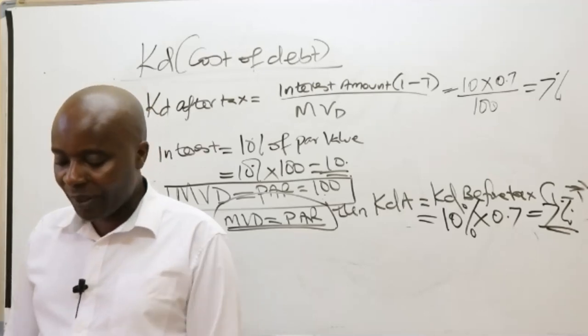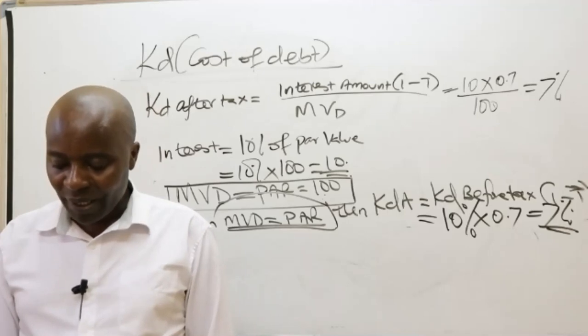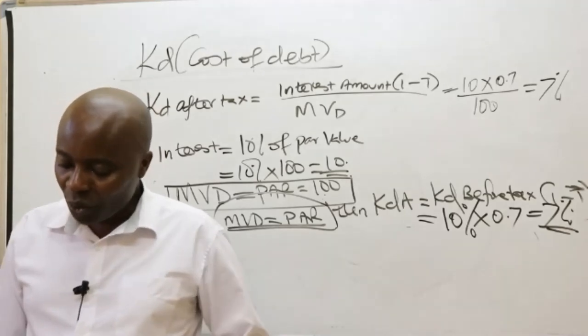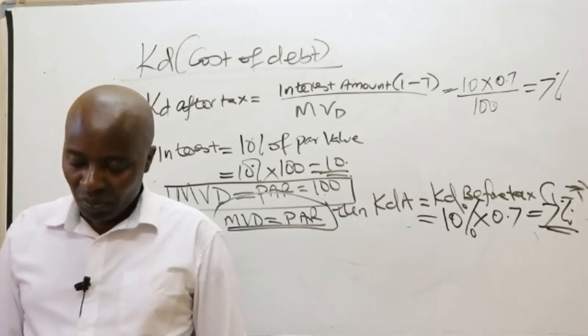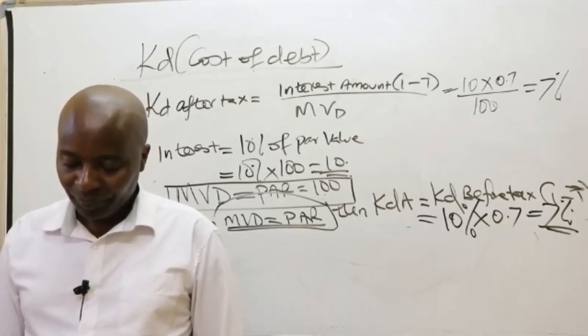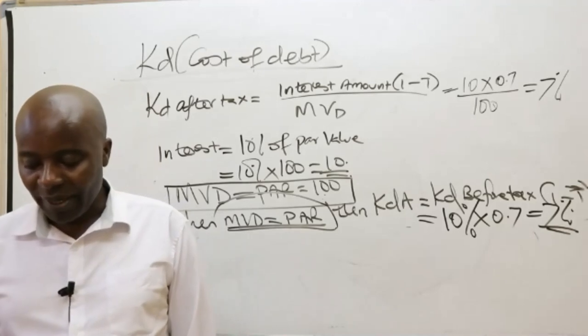Dan, 6.4%. Thank you very much, Dan. I want 2 more students. From Mercy 39, 6.4%. Thank you very much.